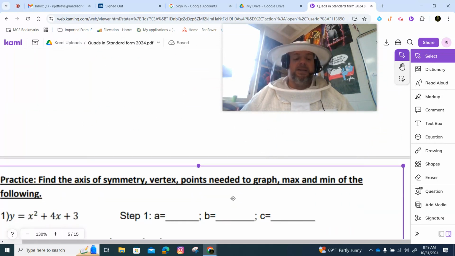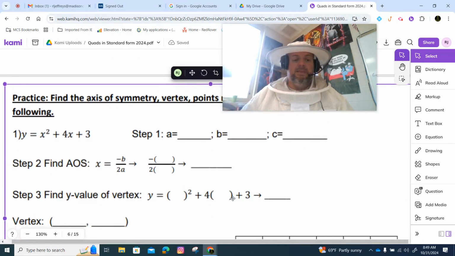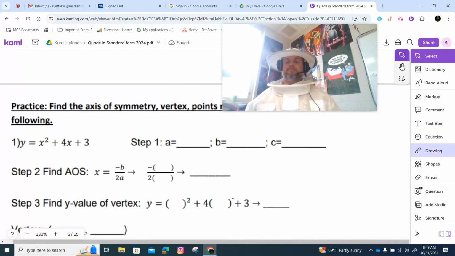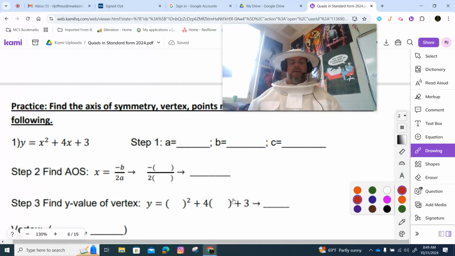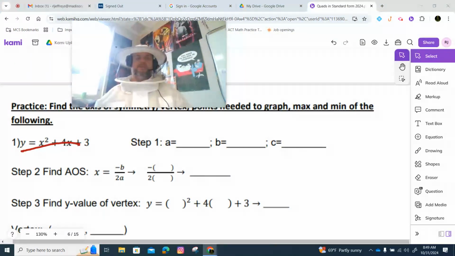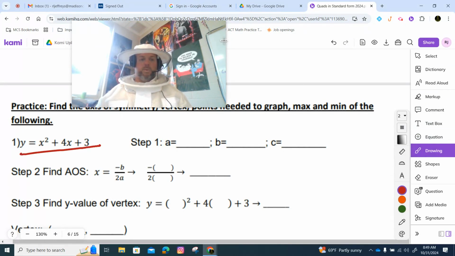Now let's put it all together. So here's our quadratic. I just wrote right through it. All right.